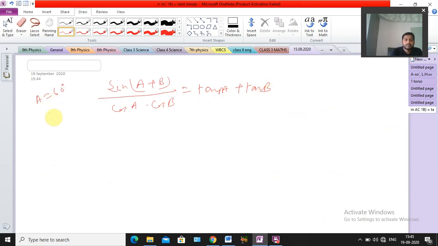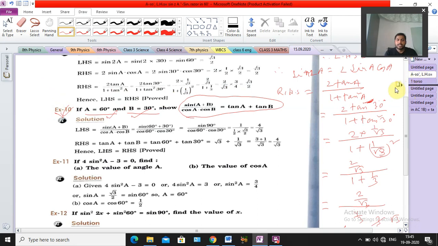A equal to 60 degree given and B equal to 30 degree given. Clear? So what to do here? That means we have to prove it.